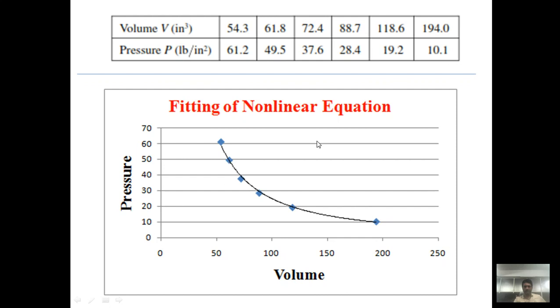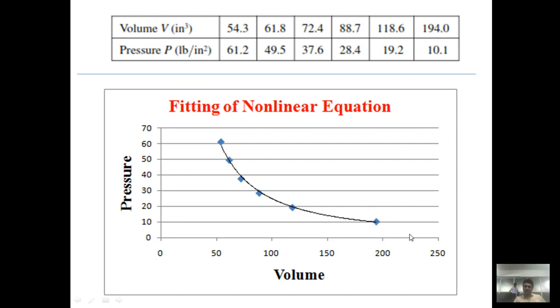The x-axis represents the volume, that is V. The y-axis represents the pressure, that is P. When volume is 54.3, at that time pressure is 61.2. When volume is nearest to 61, at that time pressure is 49.5. Similarly, when volume is 119.4, at that time pressure is 10.1.